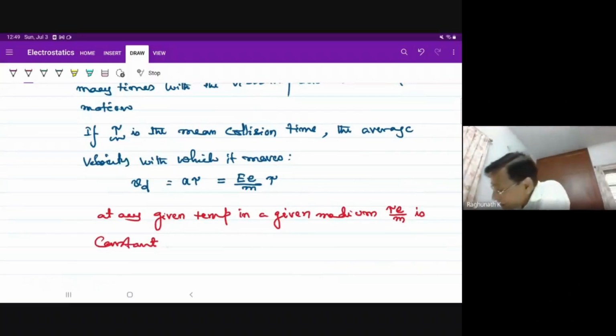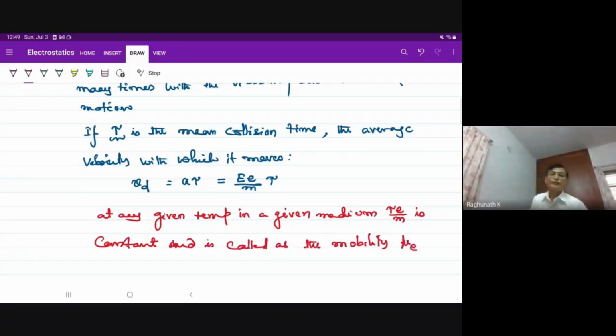And it is called the mobility mu of the electron. Tau E by m is mobility mu.